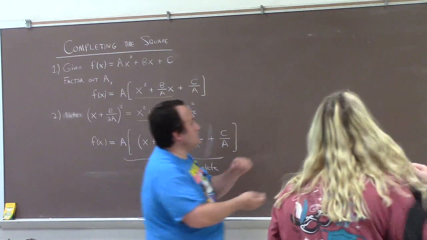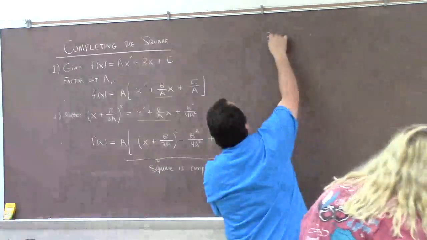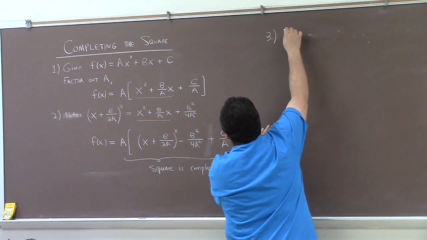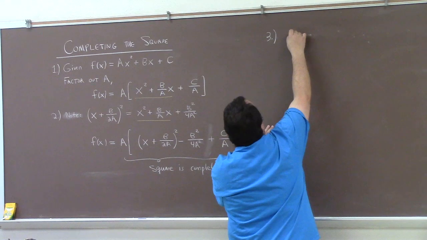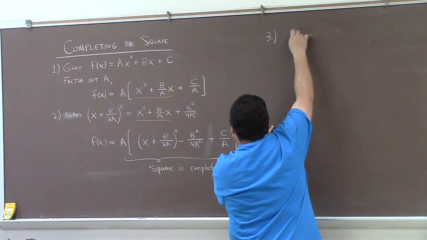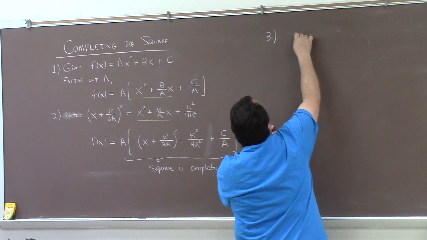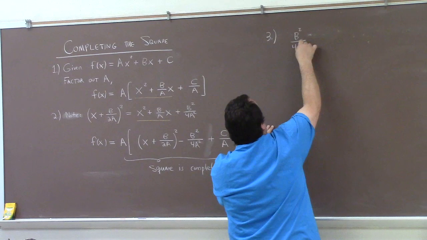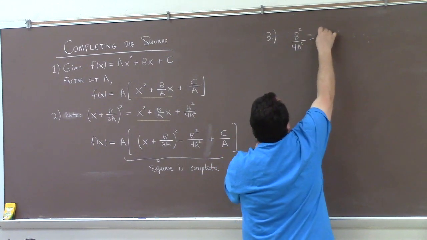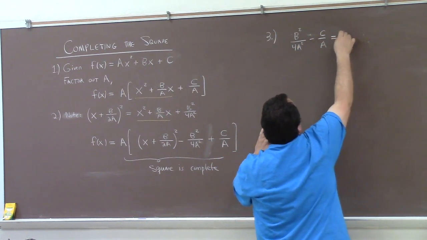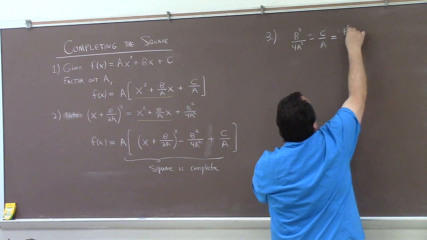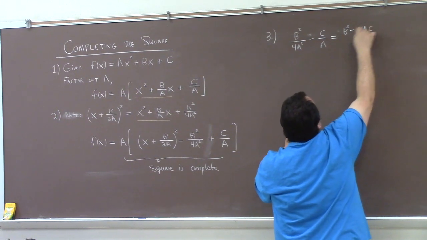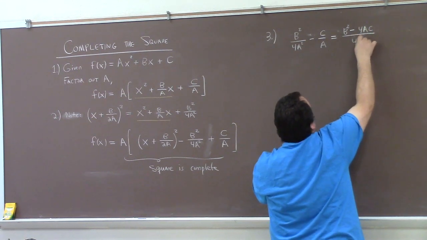Well, b squared over 4a squared minus c over a is equal to b squared minus 4ac divided by 4a squared.